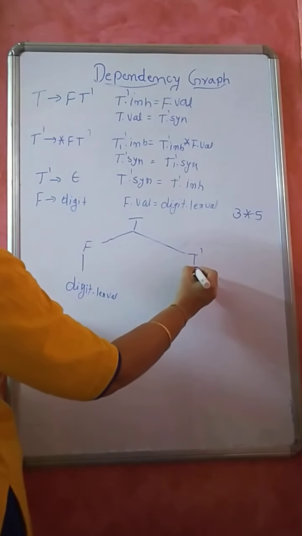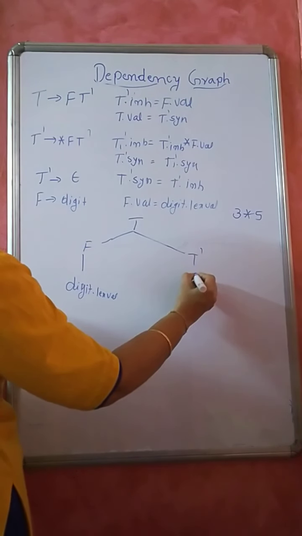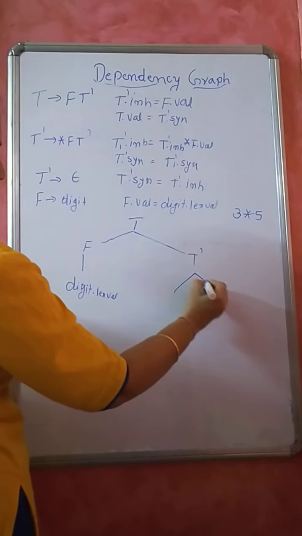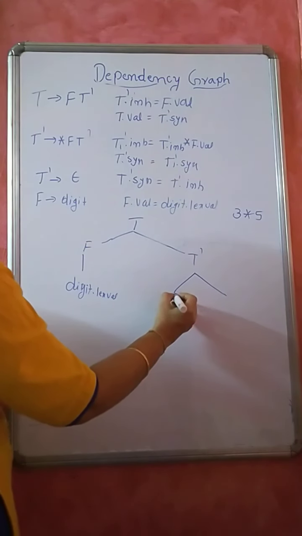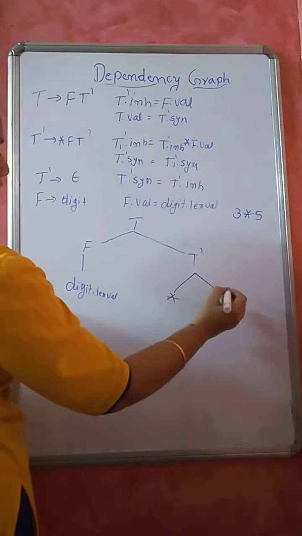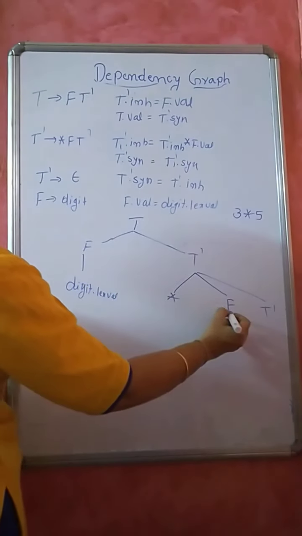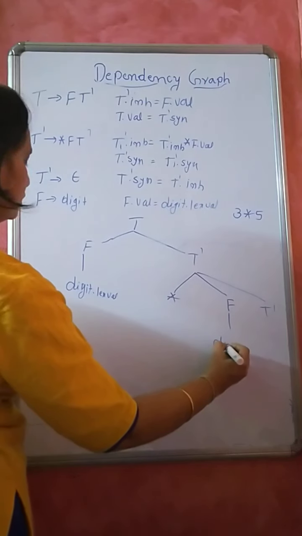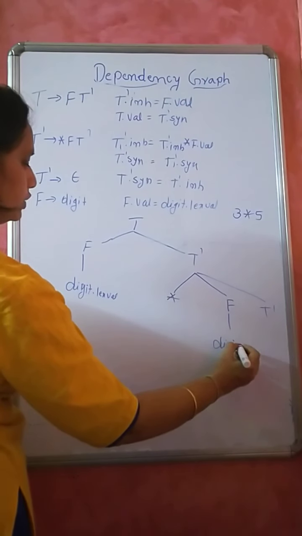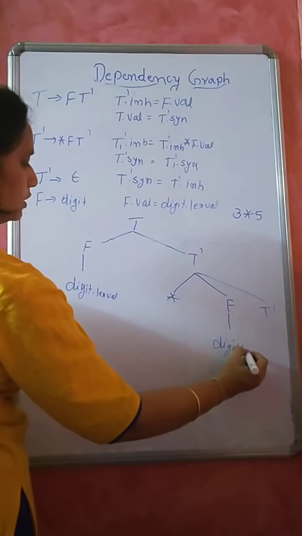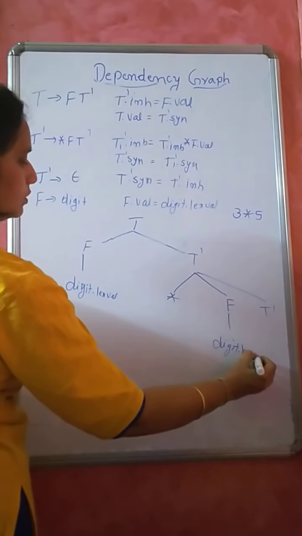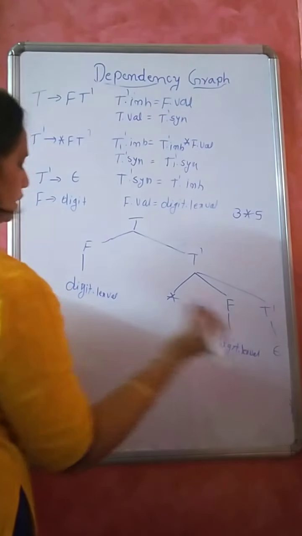Then here T dash, because here I have two values associated with this one. So it is star F T dash. Again F determines digit dot lexical value, T dash determines epsilon.